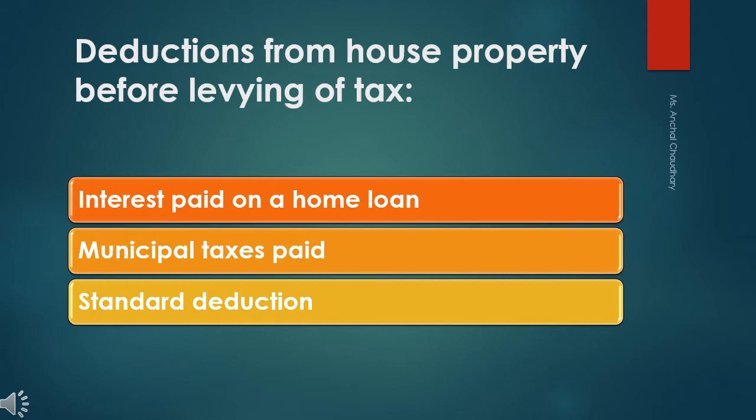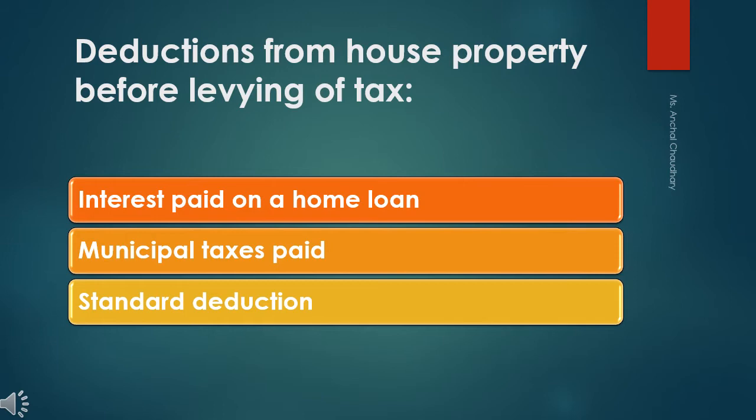Second deduction is municipal tax paid. If a person has paid some municipal taxes, then he or she will get the particular amount of deduction from the net income from house property. Third is the standard deduction of 30%, which an assessee can avail on the income from house property.